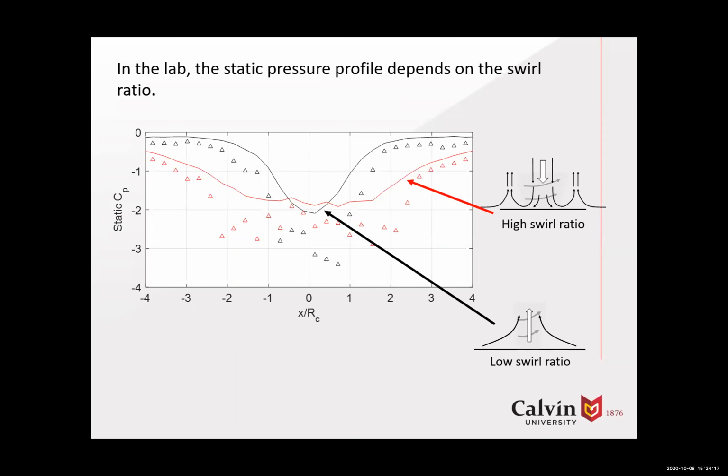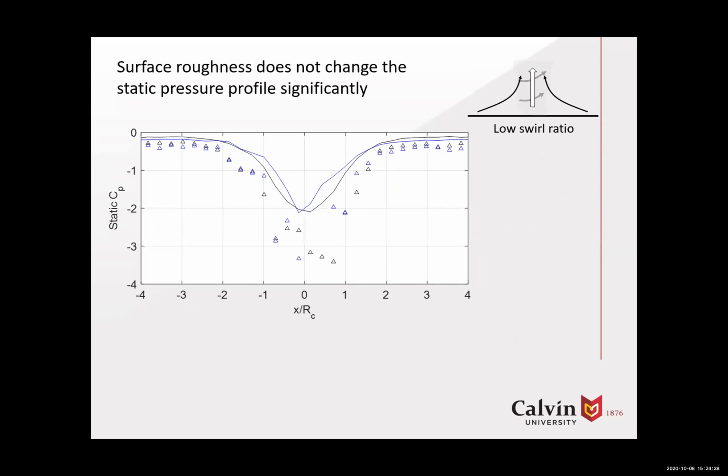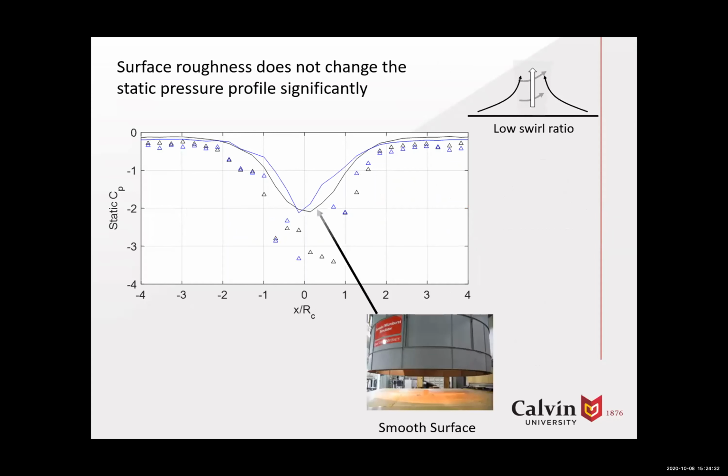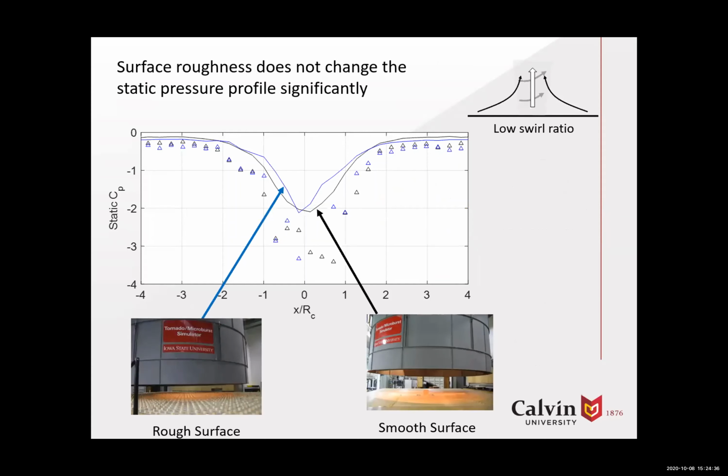The symbols that you see on here are basically peak pressures that are occurring as the tornado translates by. Surface roughness doesn't seem to change the static pressure profile a whole heck of a lot. A smooth surface is shown here in black, and a rough surface is shown in blue. Once again, those symbols there are the unsteady peaks that occur.